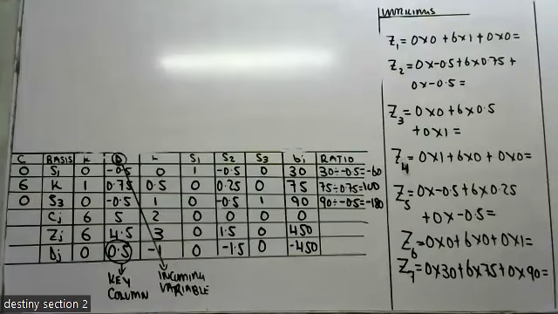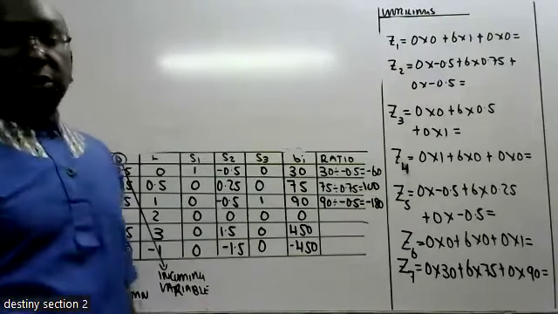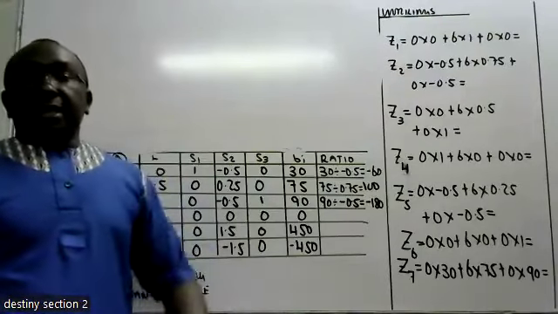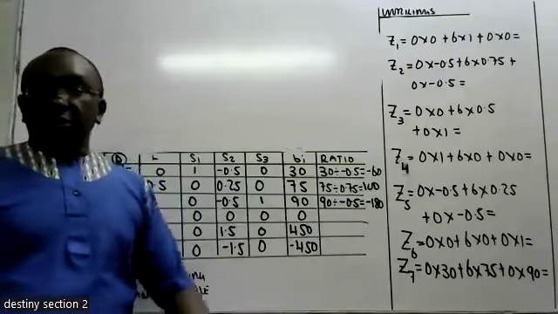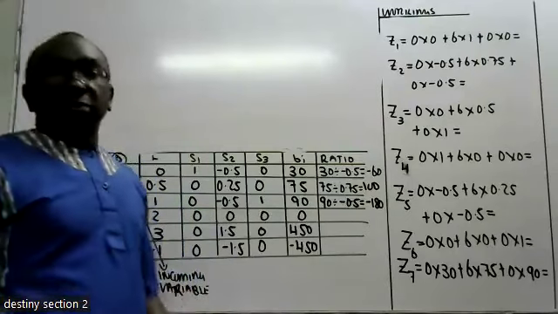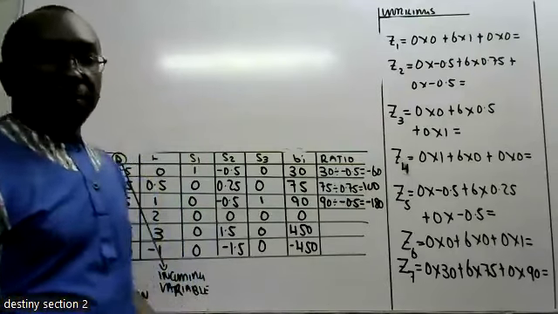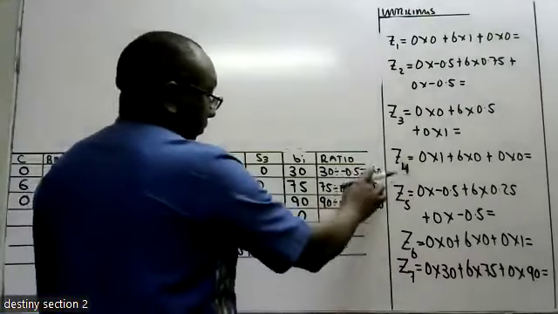So we are supposed to take, I hope you understand this language, the smallest absolute. The smallest absolute means we will ignore the negative signs here.